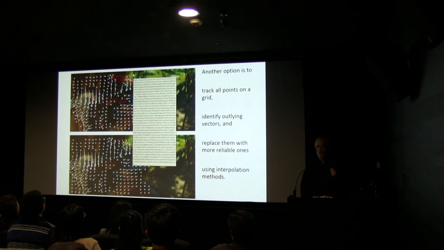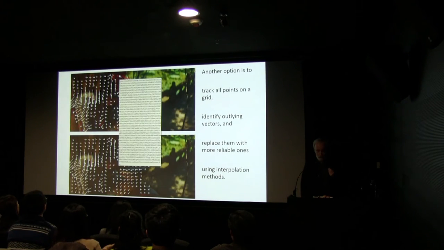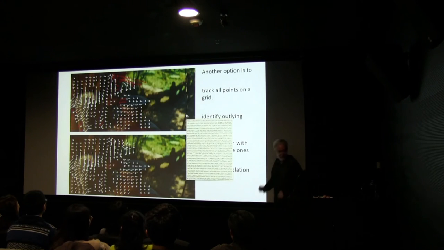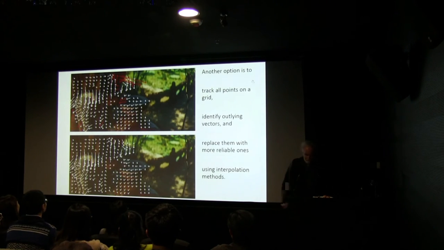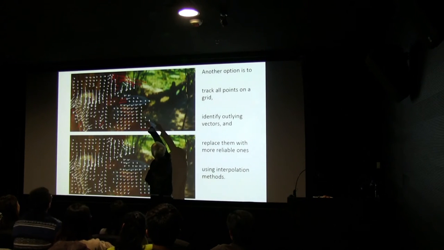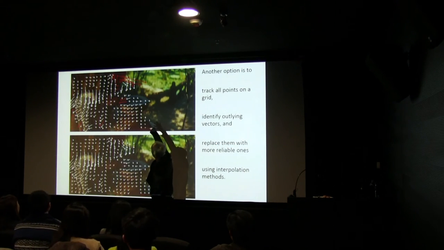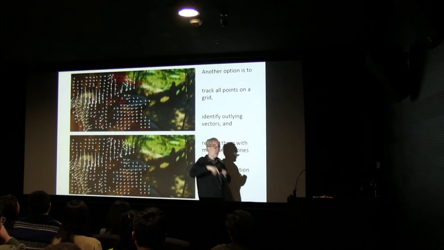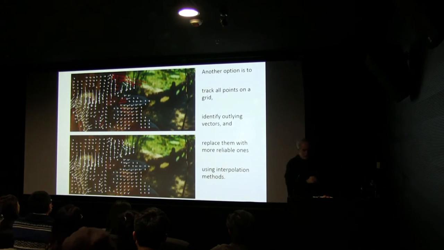And try to find those arrows that seem to be nonsensical because they are very different from the arrows next to them. And we replace them and try to interpolate arrows in between.